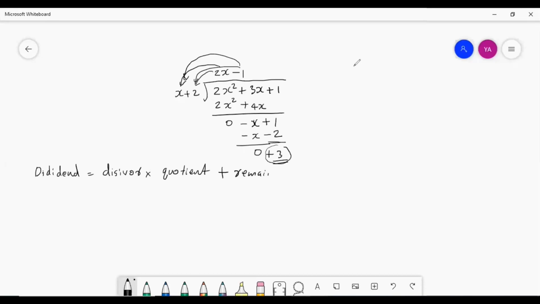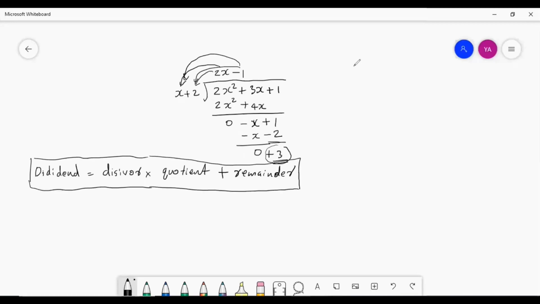So in any division, you can say this relation holds. Here 2x minus 1 is the quotient and x plus 2 is the divisor, and 2x square plus 3x plus 1 is the dividend, and 3 is the remainder.